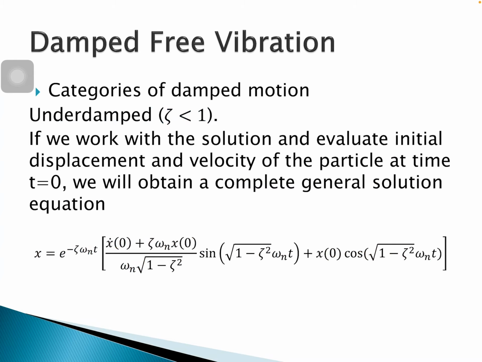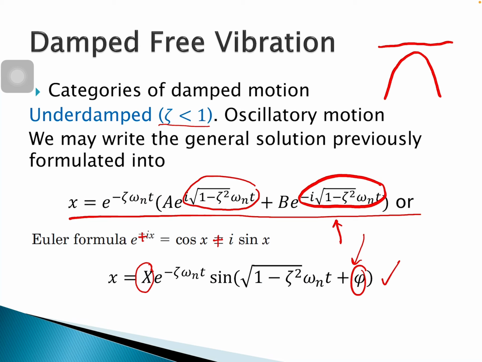So for the underdamped, when we get this equation already, this is similar for any case like overdamped or critically damped. If we know the initial condition, where when time is 0, what x is and what x dot is, from here we can get the values of the constants, X and psi.